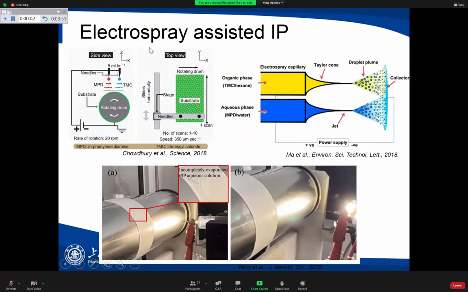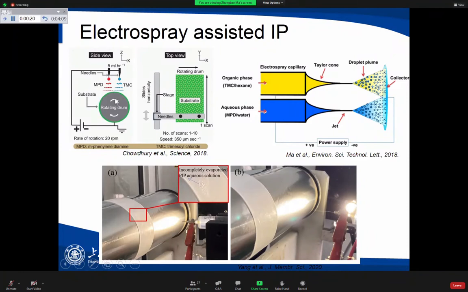The electrospray assisted IP is another promising strategy by using high voltage.